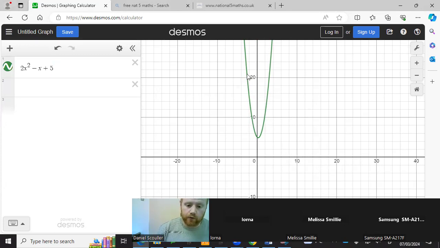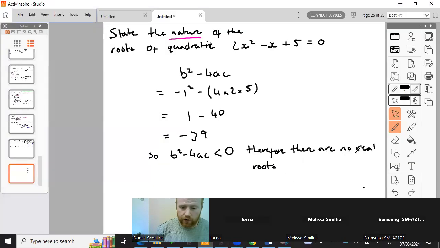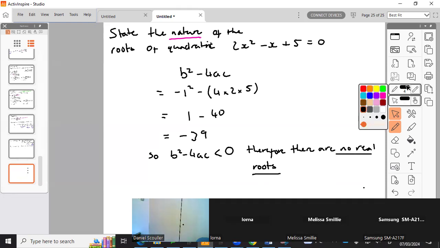So that parabola doesn't cross the x-axis, so it doesn't have roots. Therefore, there are no real roots. I would write that line in the exam: no real roots, for it's less than 0.